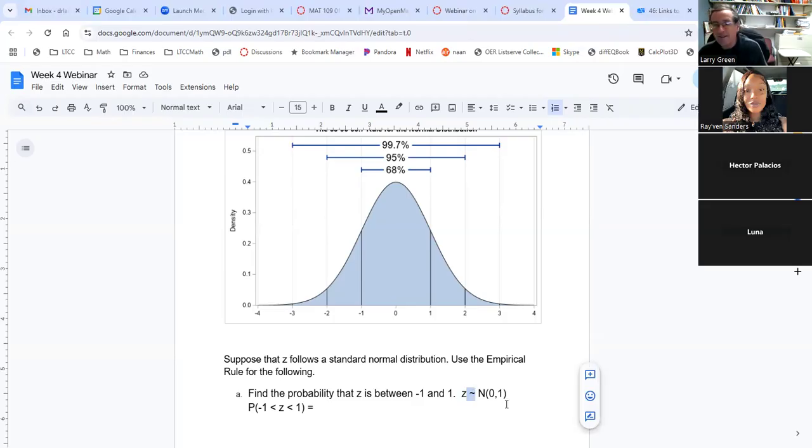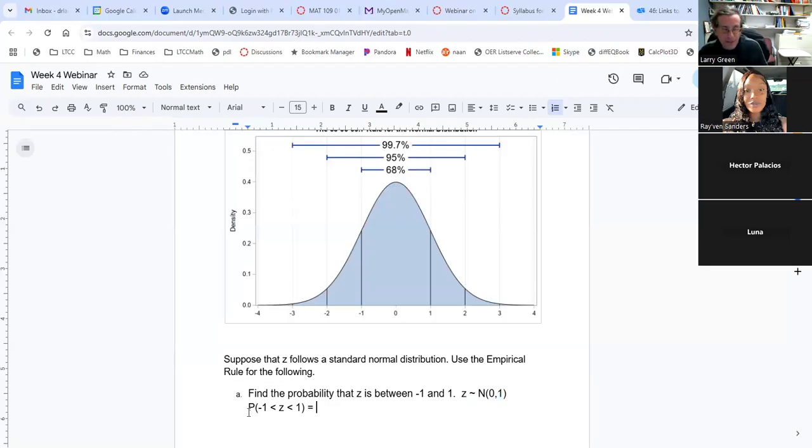The tilde means has the distribution of. So that's this tilde symbol. And then N stands for normal. 0 means the mean is 0. So right at the center of this distribution is the number 0. And 1 means the standard deviation is 1. So that means kind of this distance. I'm not going to get into all the details because you need calculus for it.